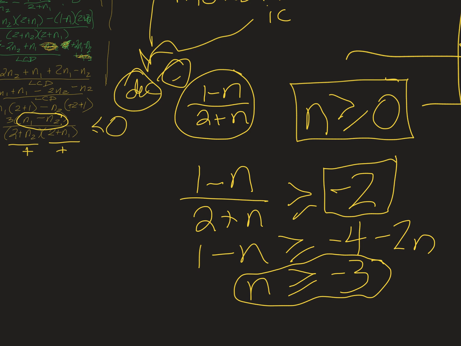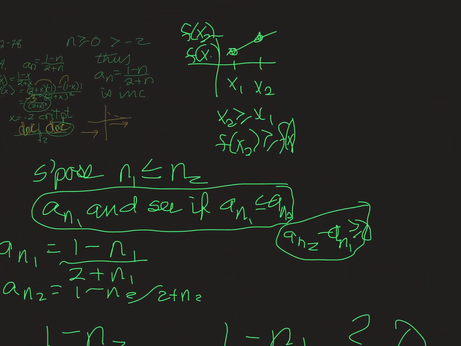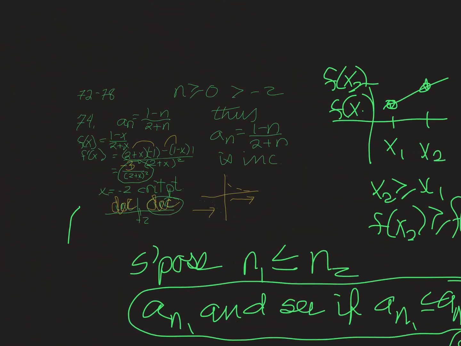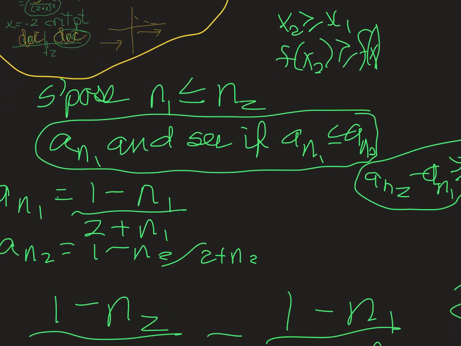Therefore, we have a monotonic bounded sequence. Therefore, I know the sequence is convergent. Now, I want you to think about that. What was our process? The first thing we had to do is figure out if it was increasing or decreasing. I showed you two ways to do that. One is to use calculus, just don't make mistakes.